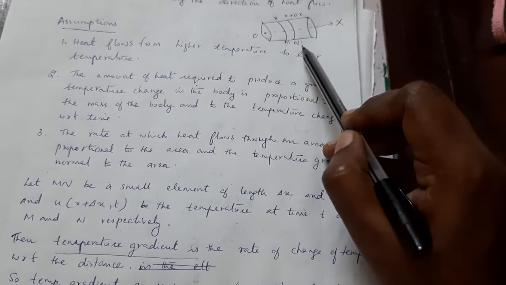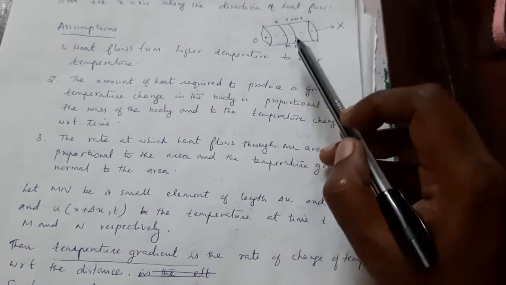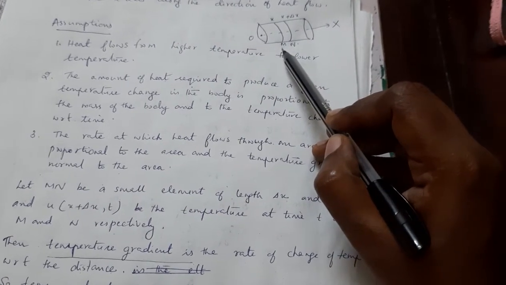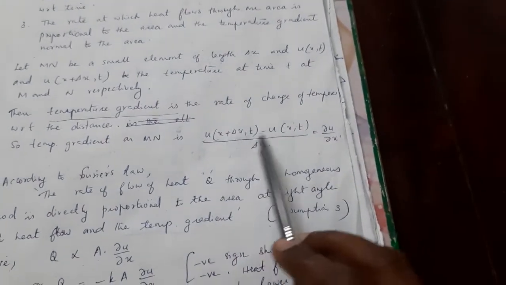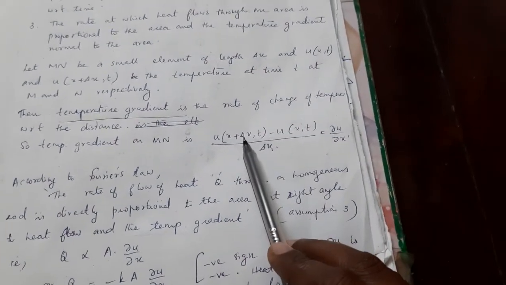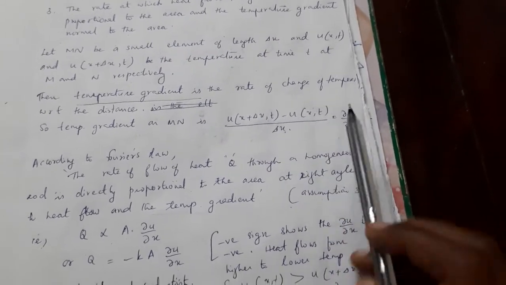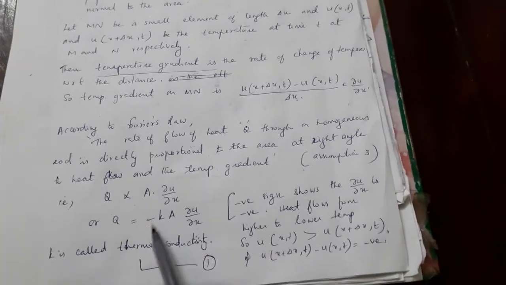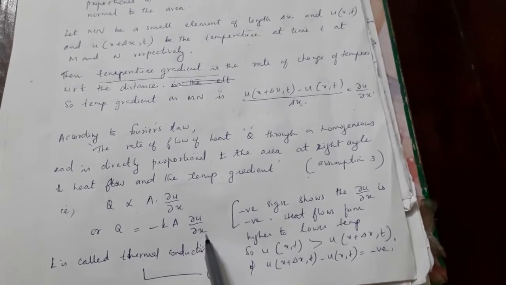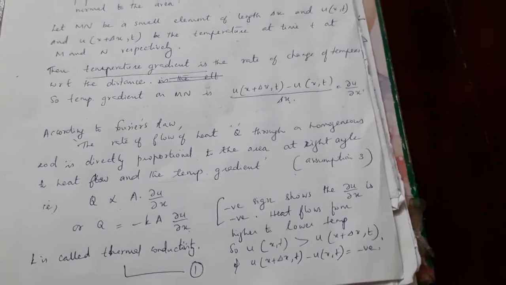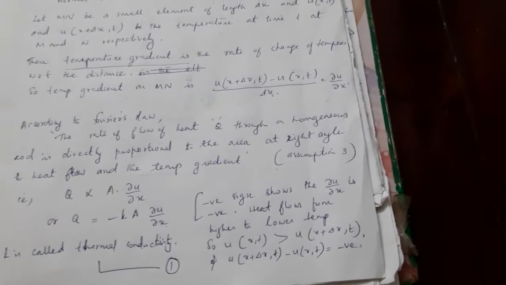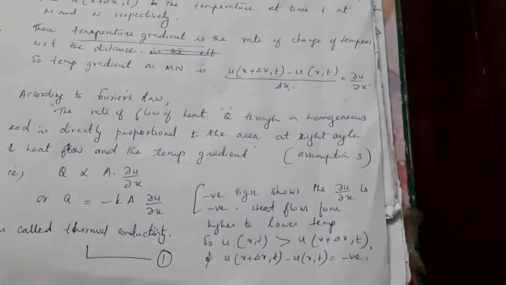The temperature at m will be greater than that at n. So u(x, t) is greater than u(x+Δx, t). And here the difference is negative because this is a smaller quantity. This is greater. So this difference is negative. So this negative indicates for the ∂u/∂x. So it is minus KA ∂u/∂x, and K is the constant called thermal conductivity. Okay.